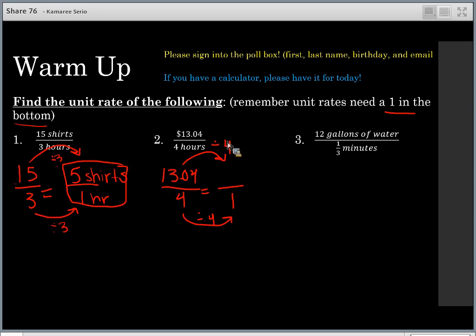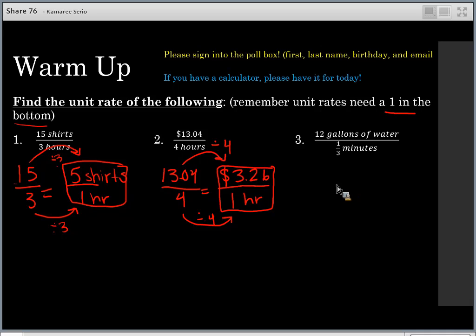I encourage you to use a calculator because I'm not testing to see if you can divide with decimals. I'm testing to know if you know how to find the unit rate. So once you divide this, you should get $3.26. So that is $3.26 every 1 hour.